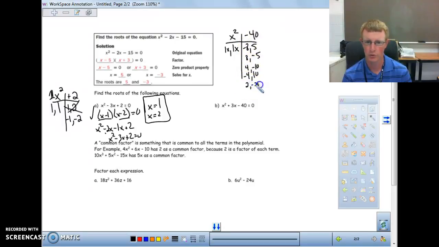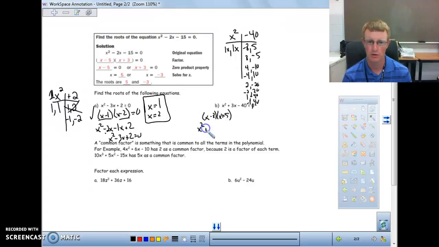So 2 and negative 20, negative 2, positive 20. And then we have our 1. 1 and negative 40, and negative 1 and positive 40. And like I said, I always start with the ones that are closest to the middle and test those first. So the first one that I'll do is x minus 8 and x plus 5.